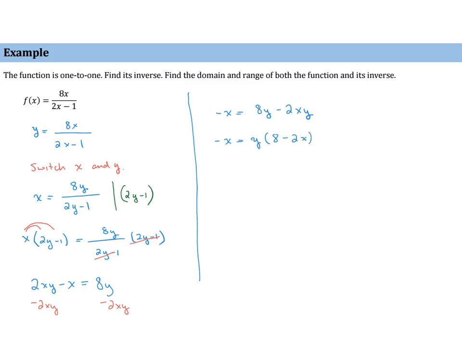Now, we can undo the multiplication that we see by dividing by 8 minus 2x on both sides. So we have negative x over 8 minus 2x equals y. Therefore, f inverse of x equals negative x over 8 minus 2x.